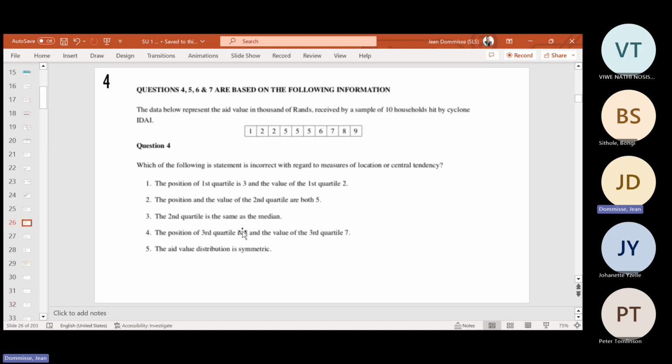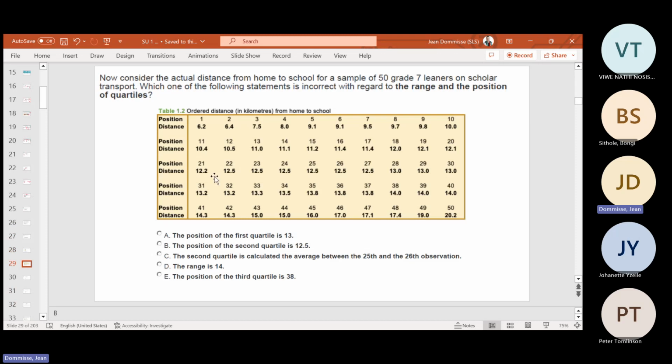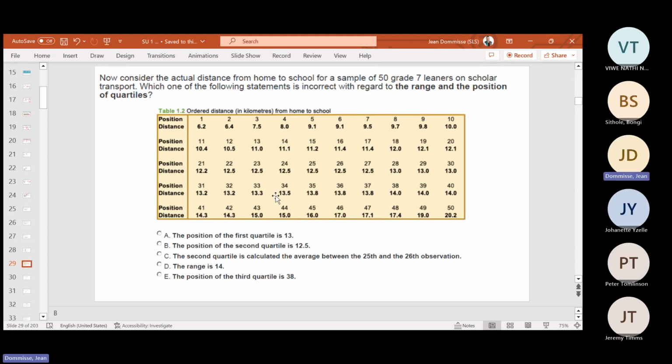So I will start where we left off, because now we go into your measures of tendency, measures of location, and then of variance and those kinds of things.